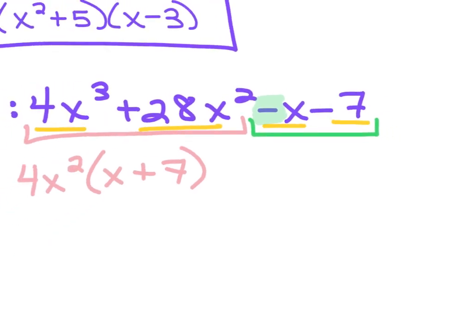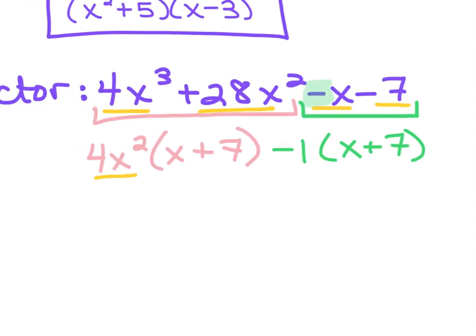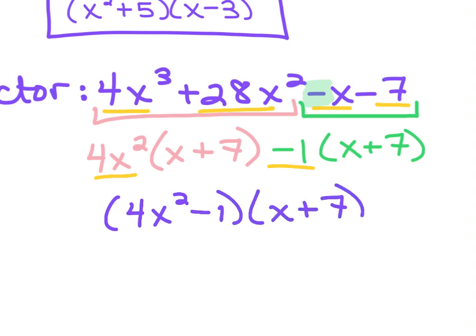And so now you're going to say, okay, I'm going to factor out a -1. Nothing else goes into both x and 7, so it's -1. But then that changes the signs on the x minus 7 in there, and it becomes x plus 7. So now I'll use the 4x squared and the -1, and that'll be my one binomial, 4x squared minus 1, and then x plus 7 will be the other binomial.